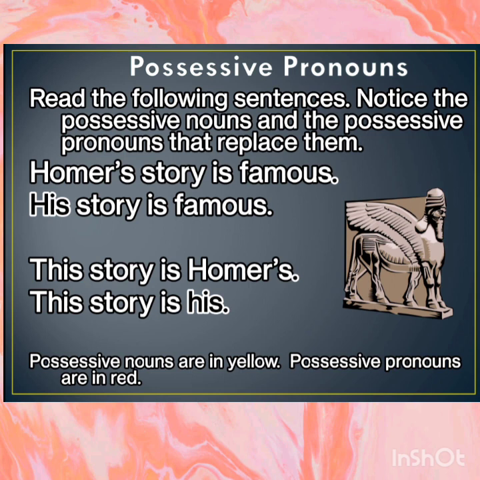Homer is a boy, so here we will be using his. His story is famous. This story is Homer's. This story is his. Here, in his story, his is acting as an adjective, and in this story is his, his is acting as a pronoun.